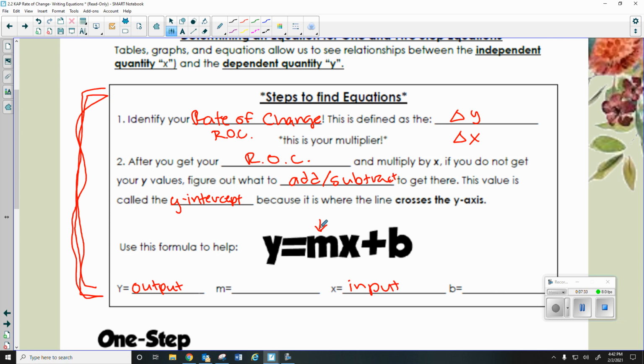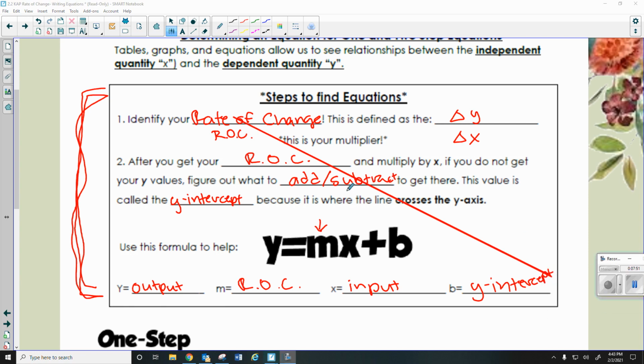We just reviewed M in the warm-up. M is talking about my rate of change or your slope. And then B is what I add or subtract, which is our Y-intercept.